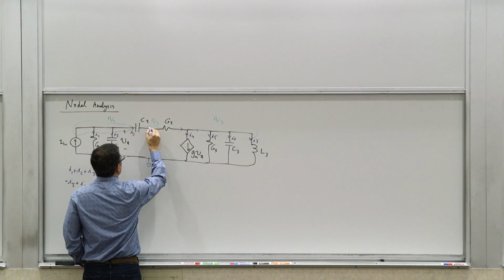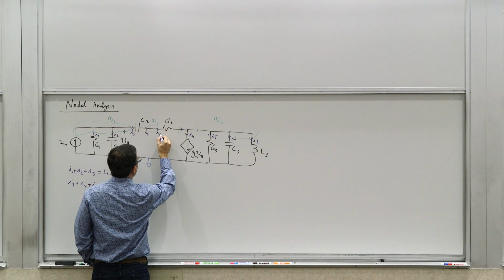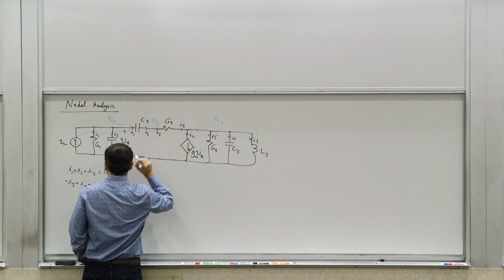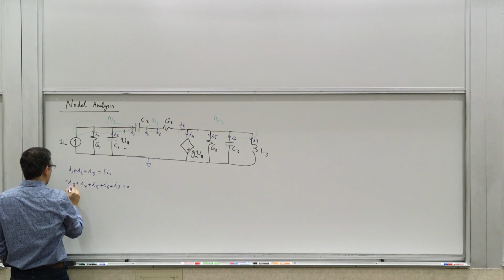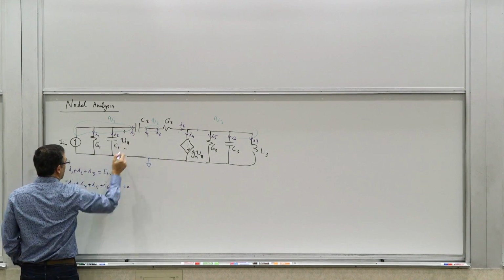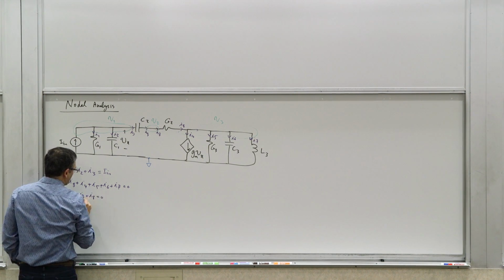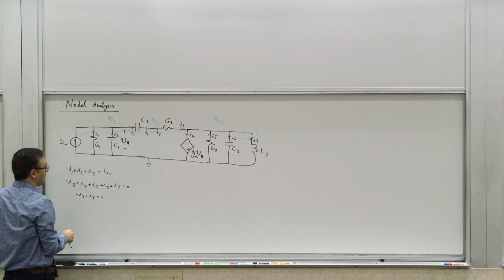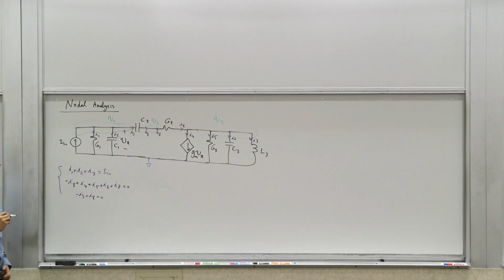I should have called this I3 and this I8, and this would be I8 if I wanted to deal with that as a node. So this becomes I8, and then I will have another equation from here that says negative I3 plus I8 equals 0, which would then equate I3 and I8. So you can see that I have three equations here.